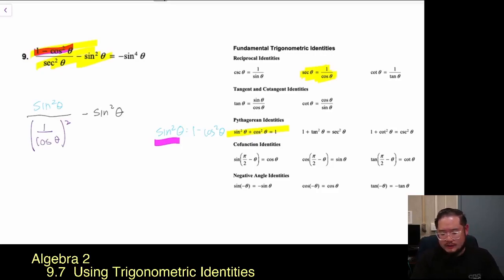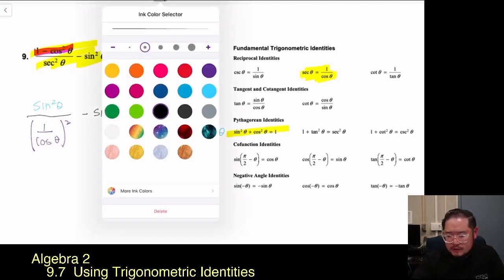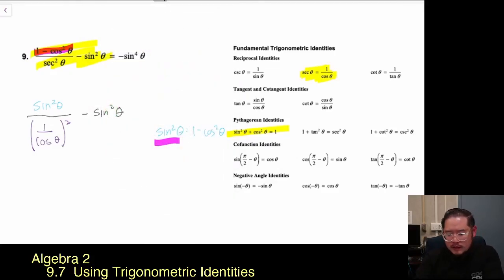And then we're going to need to simplify this down a little bit more. Okay? Well, if we go ahead in purple, we'll have sine squared theta. And then in purple, this will change into 1 squared over cosine squared theta.